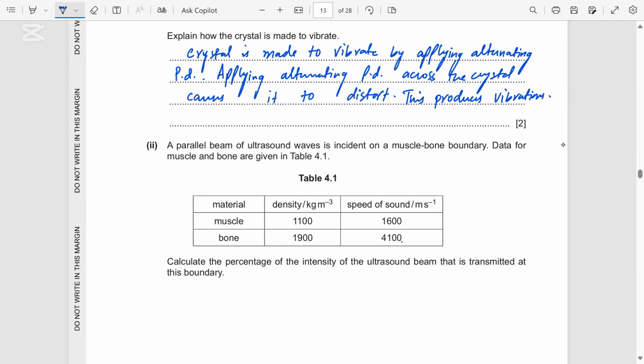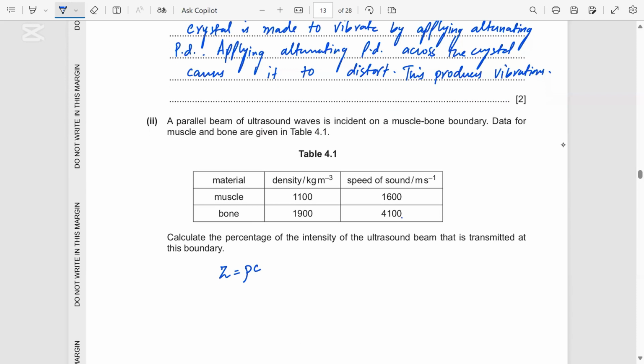So what's going to happen is that we know very well that Z is the specific acoustic impedance, and that is given by rho C. And the intensity reflection coefficient for the muscle bone boundary can be calculated by this formula. It's also given in the data sheet.